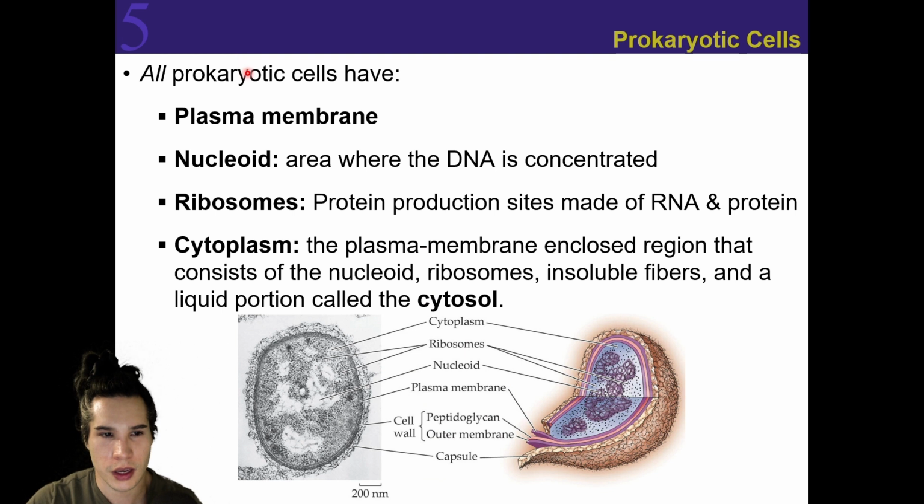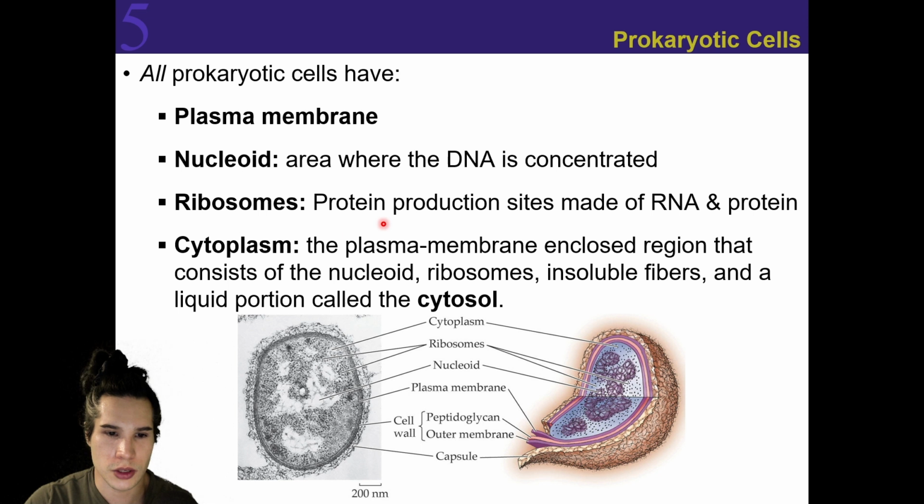So all of your prokaryotic cells are going to have a plasma membrane, as we've mentioned earlier. Now, all of their DNA is going to be concentrated in what we would call a nucleoid region. So if you were to stain the genetic material in a prokaryotic cell, it would just be a highly concentrated area of DNA or genetic material.